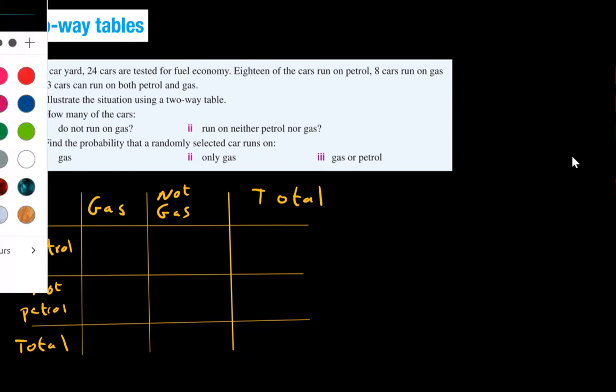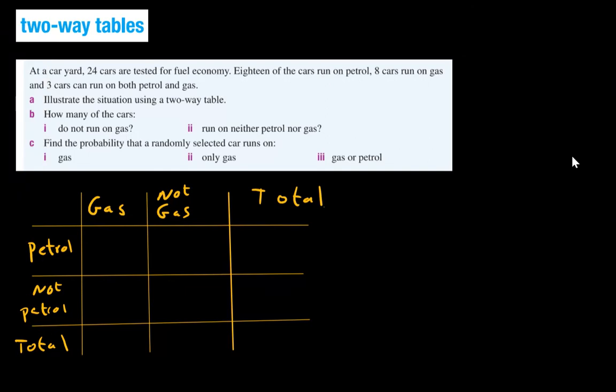So we're told that there's a total of 8 cars which run on gas. We're told that there's a total of 24, so everything should add up to 24. And we're told that 3 cars run on both. So we can put the 3 there.